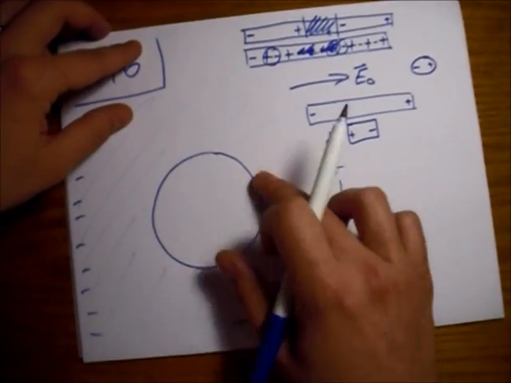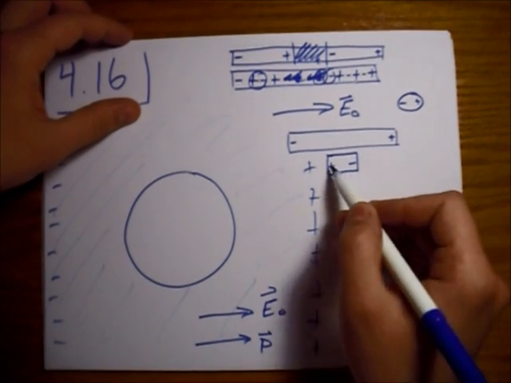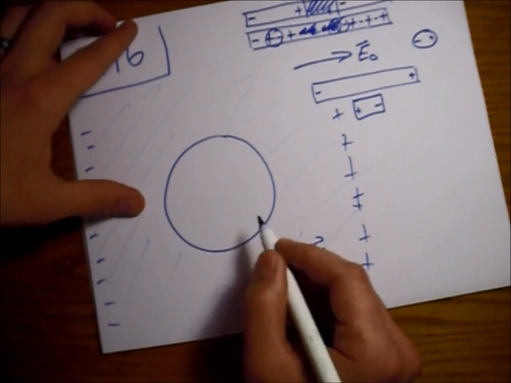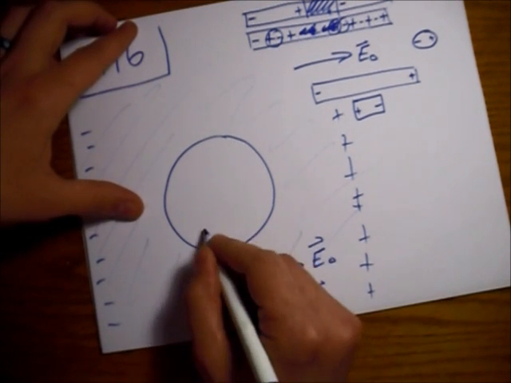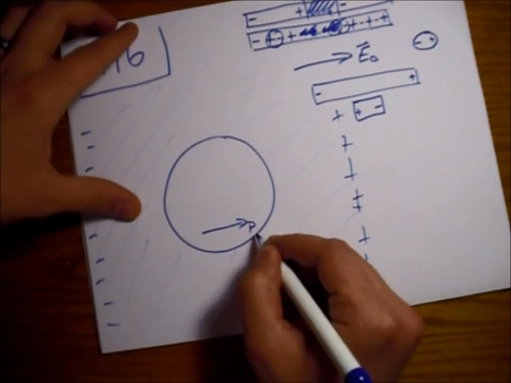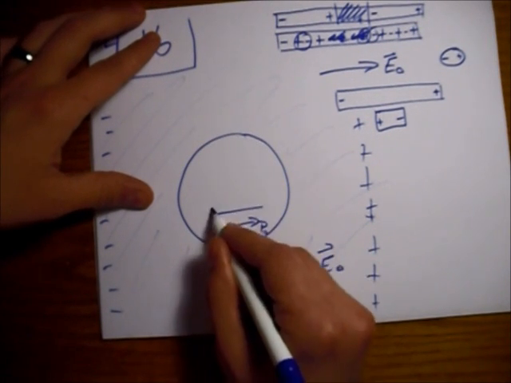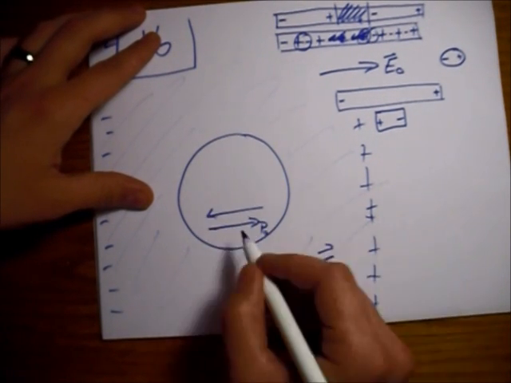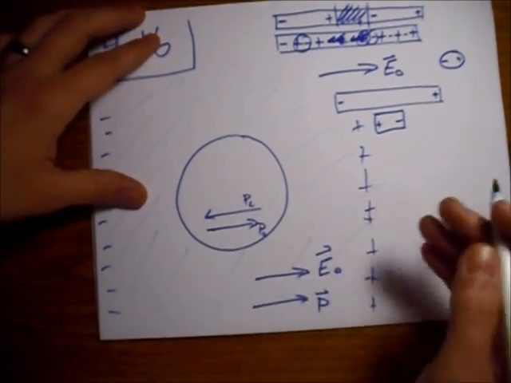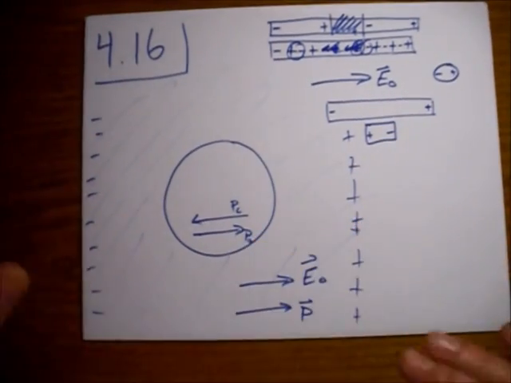Now if we cut out this cavity, it's like superimposing something with the opposite polarization. So we have this polarization, which would be there if we didn't cut out the cavity. I'll just write that as P naught. And then we have an opposing polarization that we're putting in there to cancel it out completely.